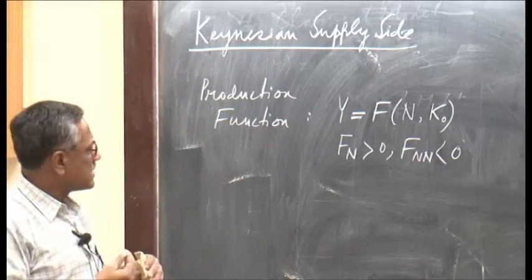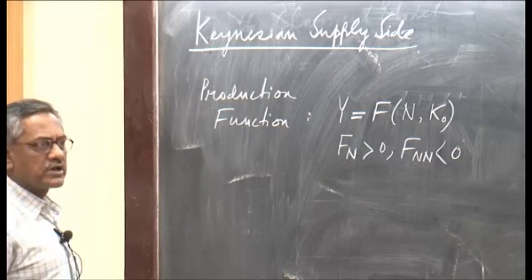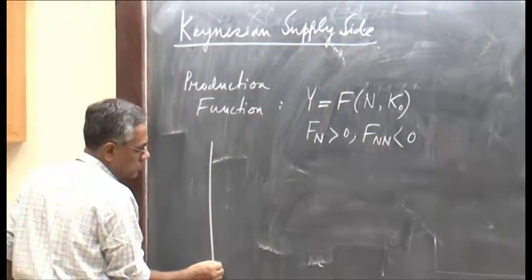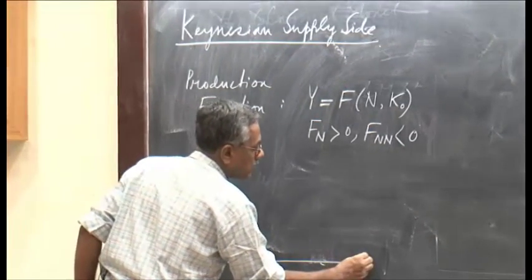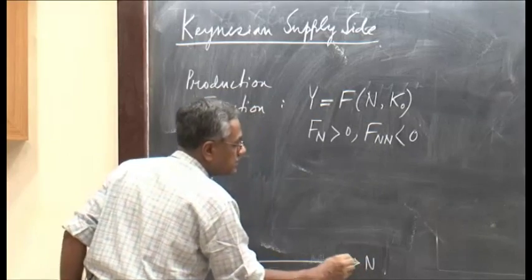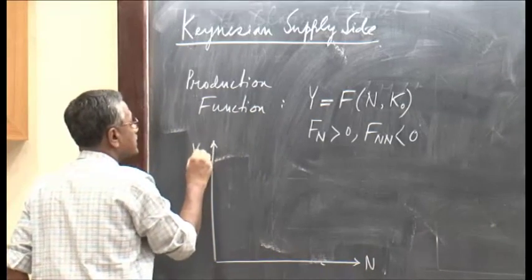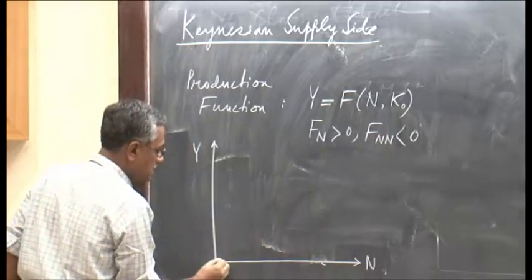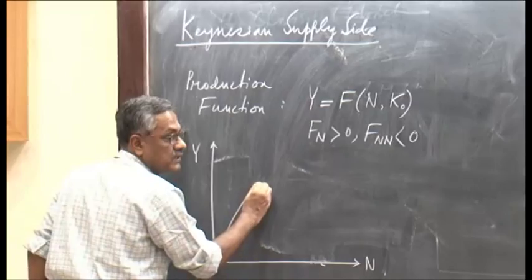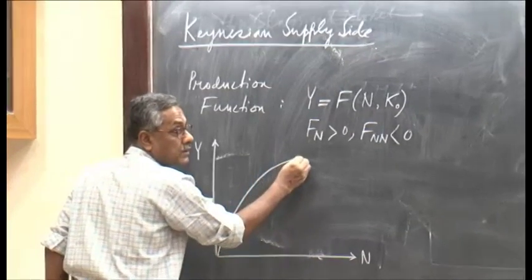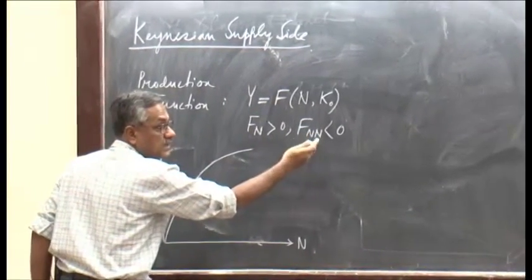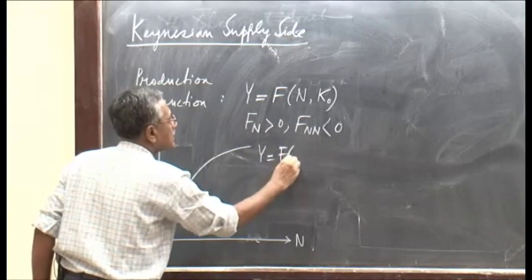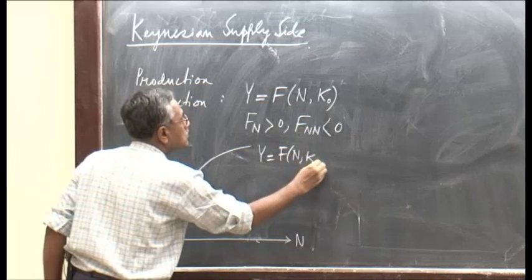What it does diagrammatically, if you recall the diagram of the production function, it looked like this. You had N here, Y here. And Fn greater than 0, Fnn less than 0 means the slope is positive, it's an upward sloping line but falling. Slope is falling, Fnn less than 0. So that is the production function, Y is equal to F(N, K naught).